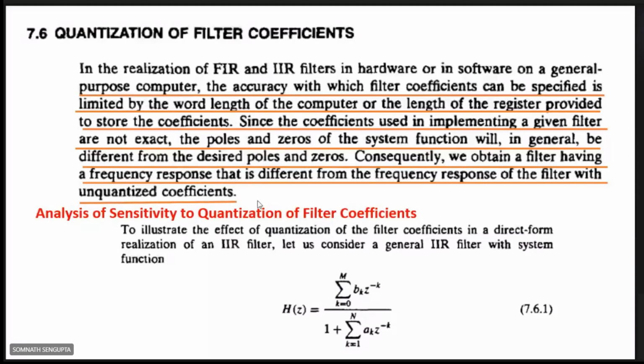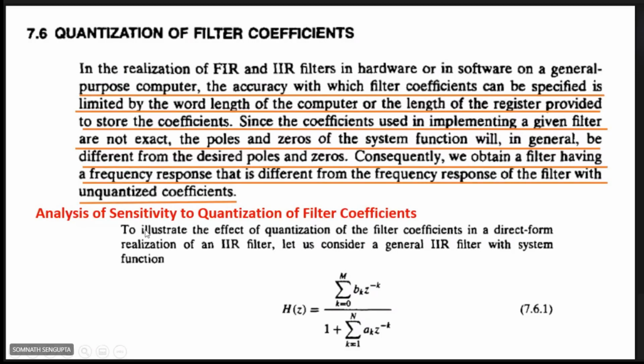You have a whole range of analog values of filter coefficients, and then that filter coefficient should be converted to a digital value. So due to that, quantization error will occur, and the filter response will change if you convert that into binary values. Filter coefficients will change.